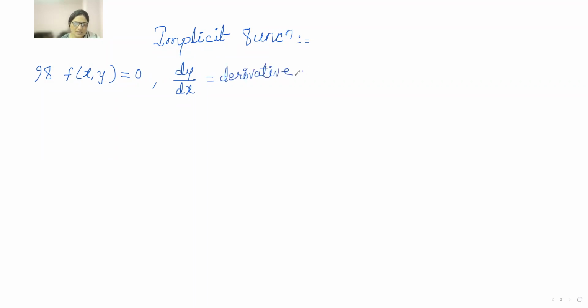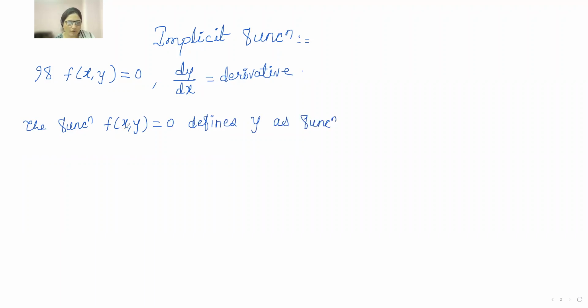Now what is the derivative of implicit function? So the function f of xy is equal to 0 defines y as a function of x implicitly.